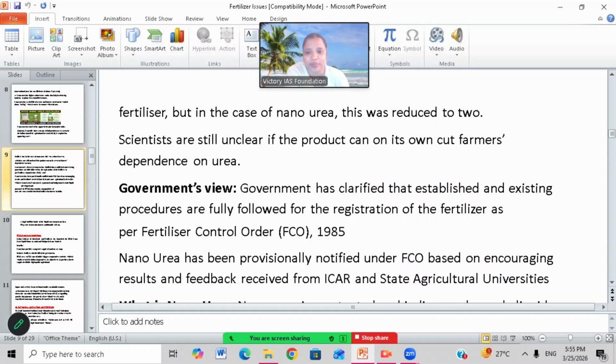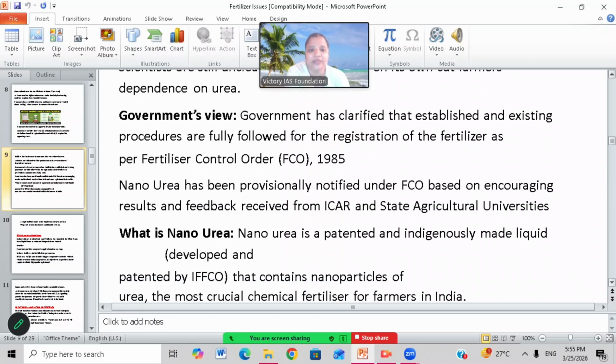Okay, so what is the government's view here? The government has clarified that established and existing procedures are fully followed for registration of fertilizer as per the Fertilizer Control Order 1985. The government has certified nano urea as per the Fertilizer Control Order of 1985 and it is fully registered. They are thinking no more testing is required, they can just give the approval and test directly on the farm itself.